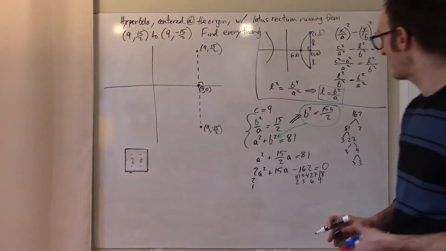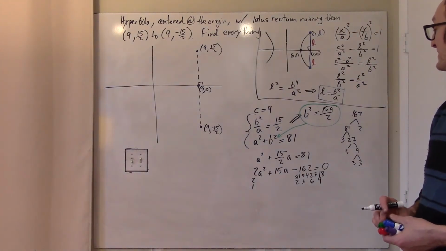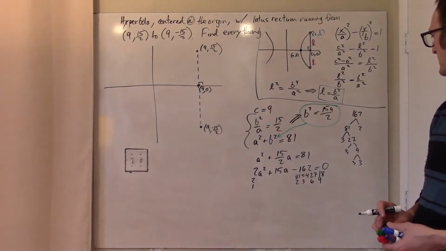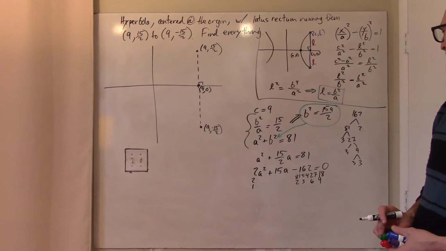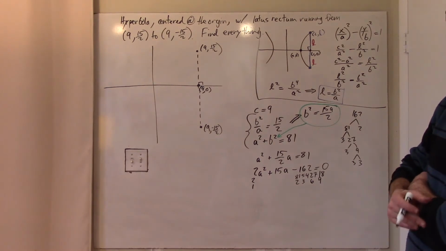All right, so I need to find differences which add to 15. Wait, 18 and 9. Is that even right? 6, 9, 18, 9. Yeah, that is right. Okay, differences which add to 15. Wait, what am I doing? A squared plus B squared equals C squared.